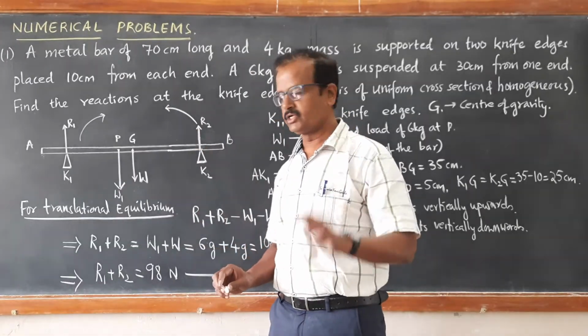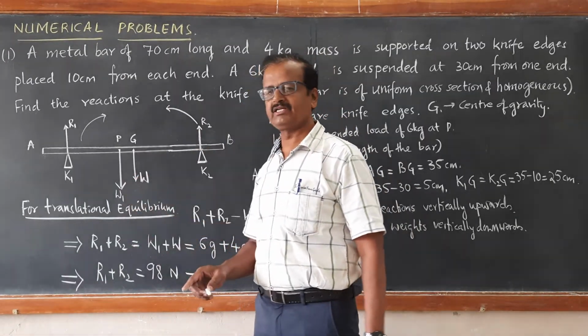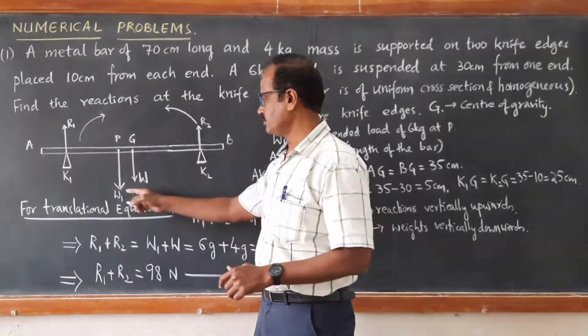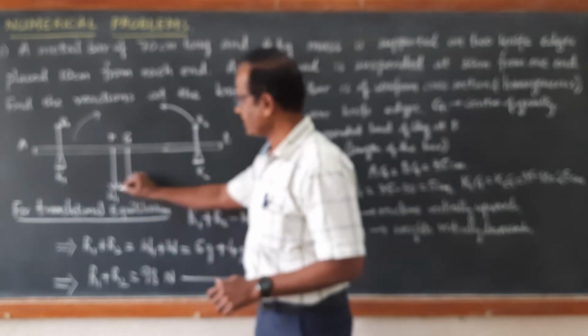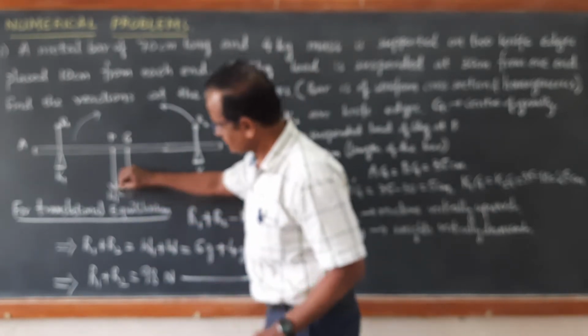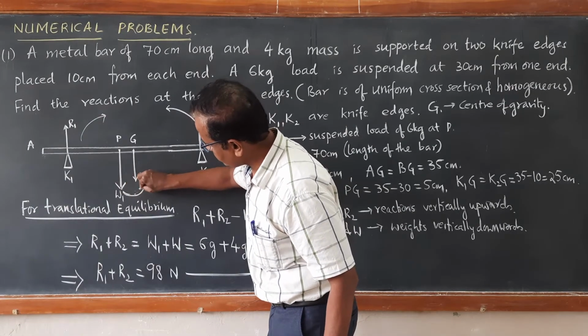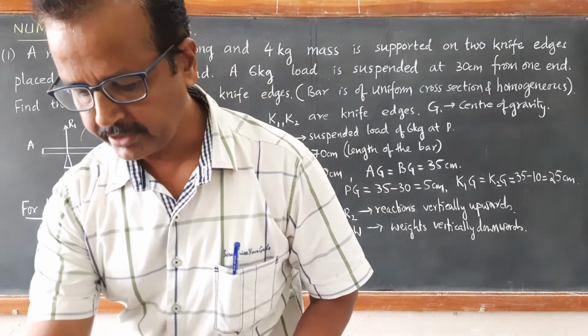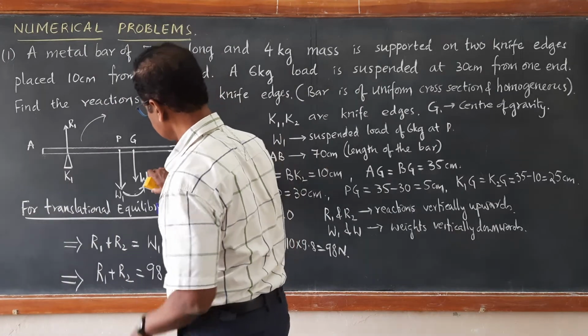In addition to this, there is one more weight, the 6 kg weight, W1. That is also tending to rotate in the anti-clockwise sense about this center of gravity.